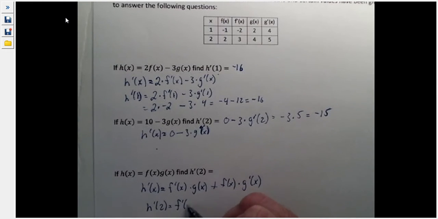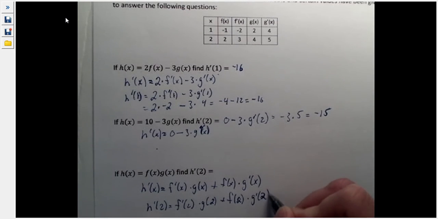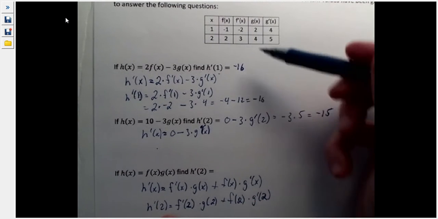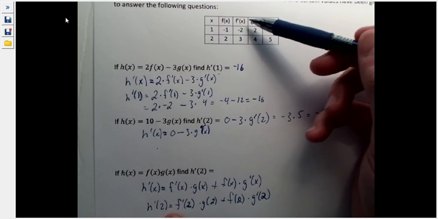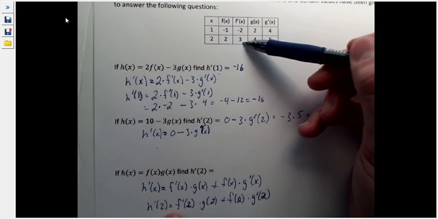Now I'm going to find h prime at 2. So f prime at 2 times g of 2 plus f of 2 times g prime of 2. And again, I'm going to find these values by using my chart. So f prime at 2 is 3.